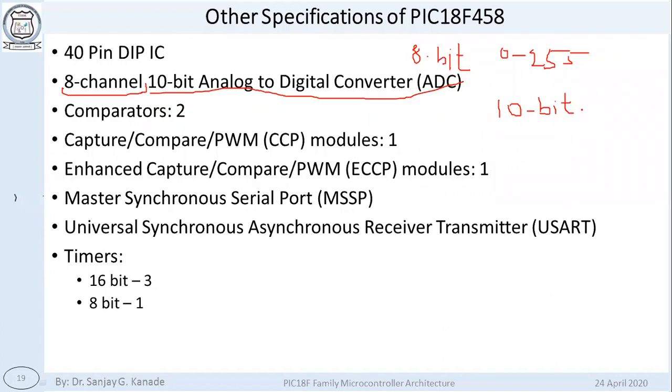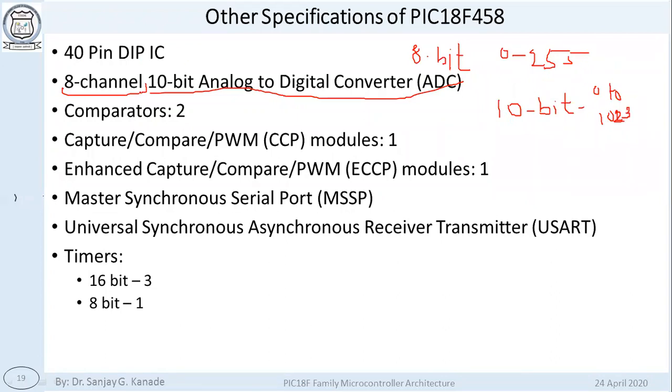Can somebody tell me? It will be 0 to 1023. How do we come to this range? It is 0 to 2 raised to 10 minus 1. This one is 0 to 2 raised to 8 minus 1.